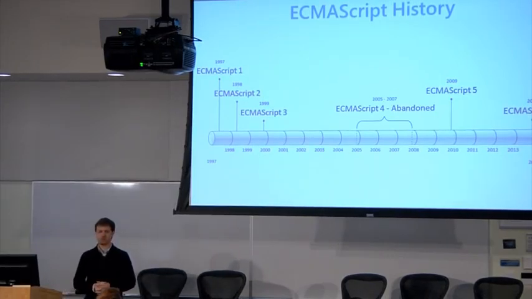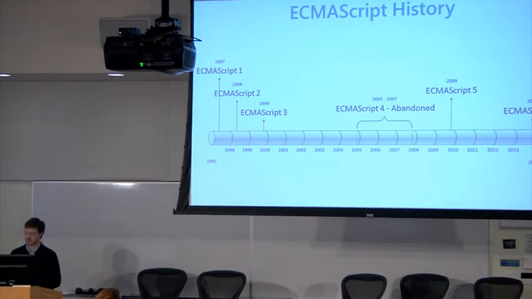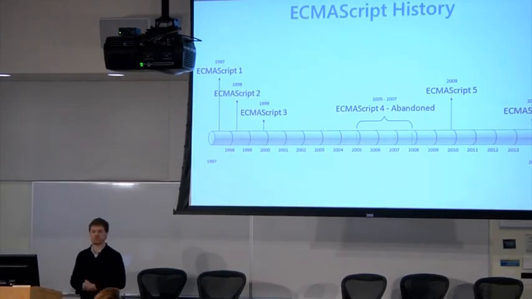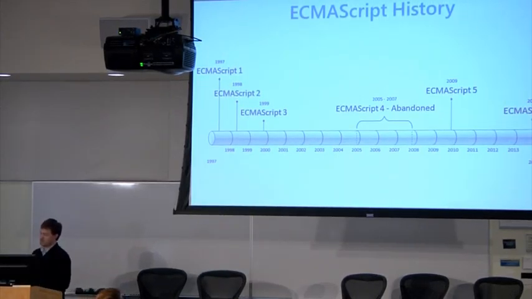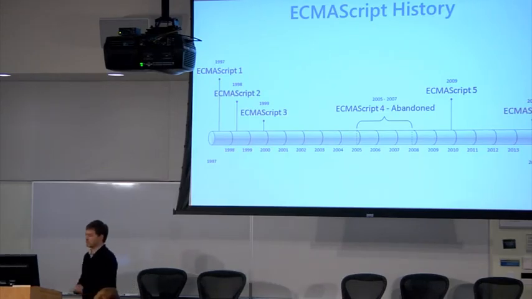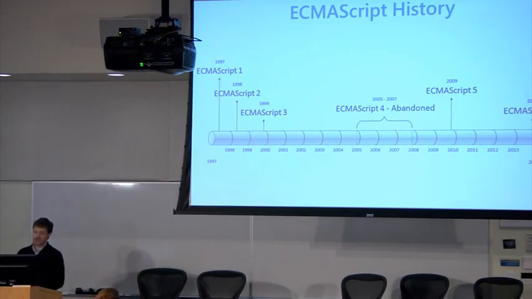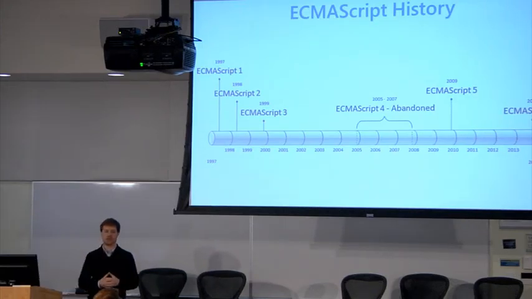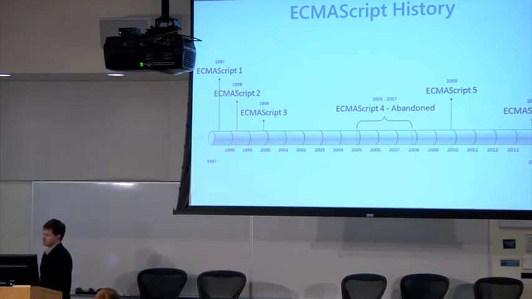So to put some of this in context of the history of where ECMAScript's been, ECMAScript was first standardized a couple of years after the first JavaScript engines were built, and was rapidly evolved through the few years following that. But then the work on ECMAScript 4, which happened over the intervening years in the mid-2000s, aimed to add a lot on top of JavaScript and change some fundamental things about the JavaScript language.